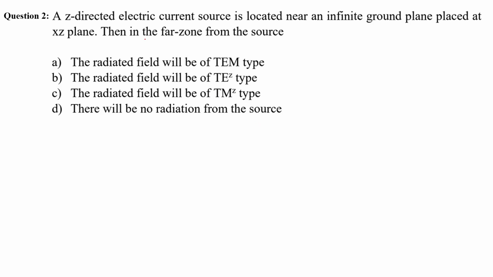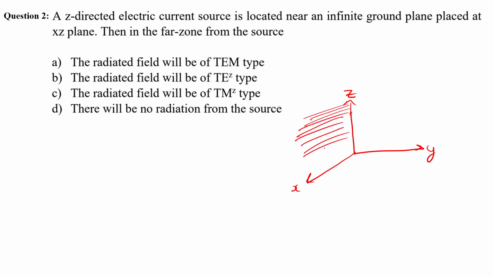What the question is asking is, let's say this is our Cartesian coordinate x, y, z, and there is a Z directed electric current source which is located near an infinite ground plane. Let's say there is an infinite ground plane on this XZ plane, and then there is a current source along the Z axis.